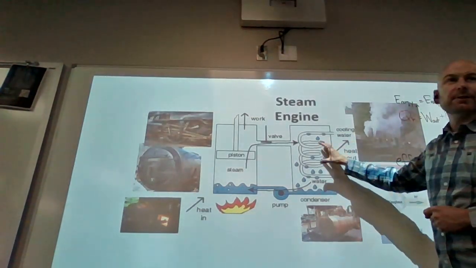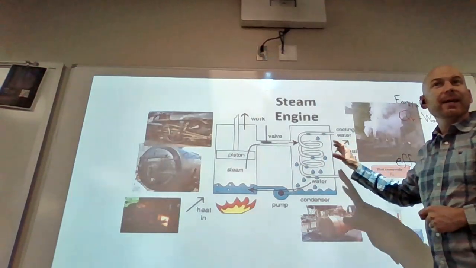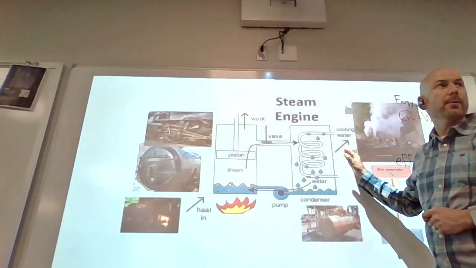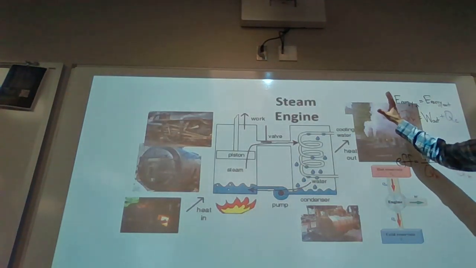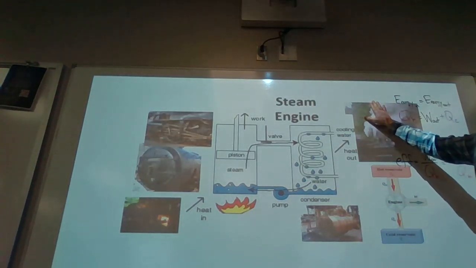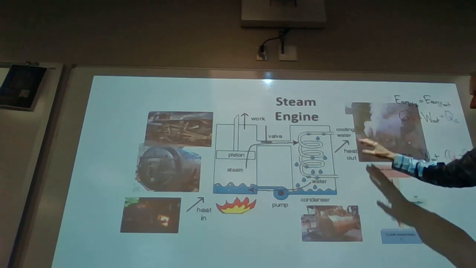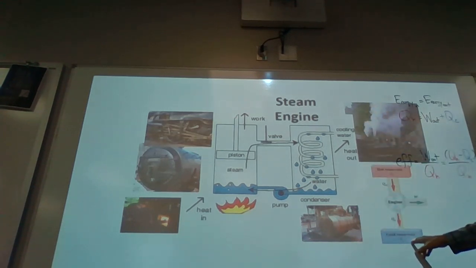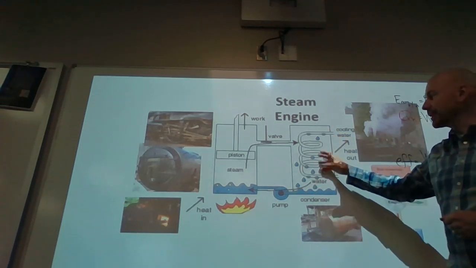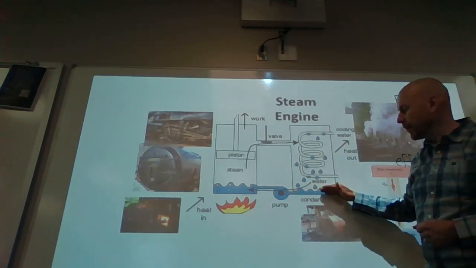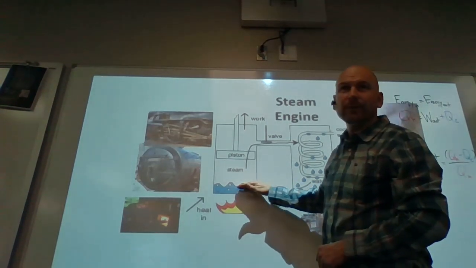So that condenser is exhausting that heat to where? What's the cold reservoir? Cold reservoir is the air. You okay with that? It makes the water condense from steam into water and then pumps that water back into the boiler.